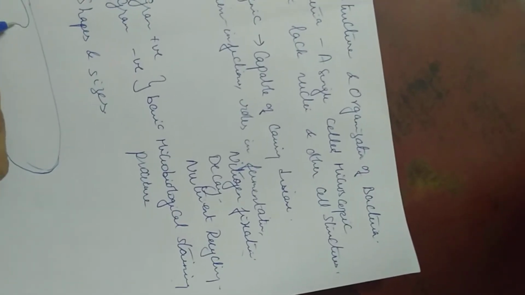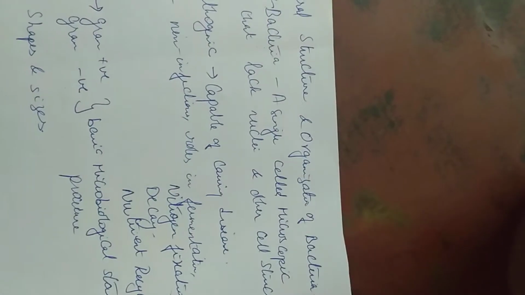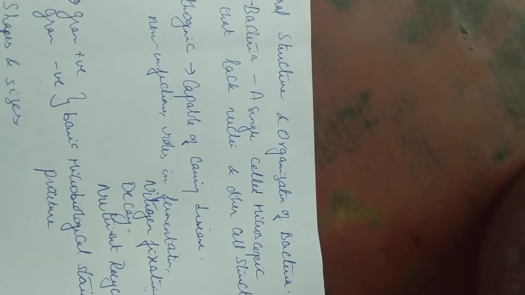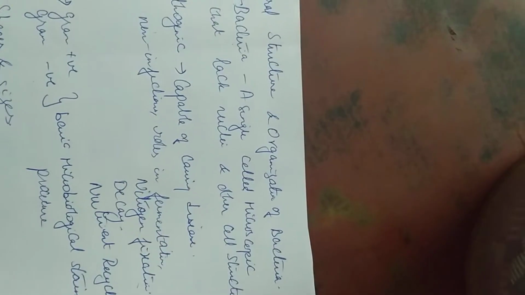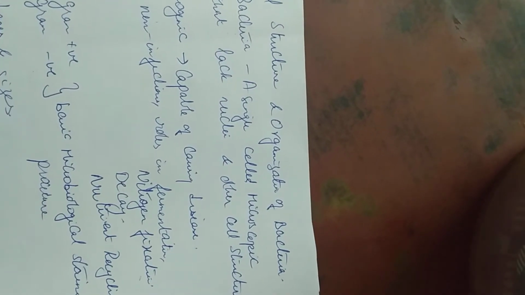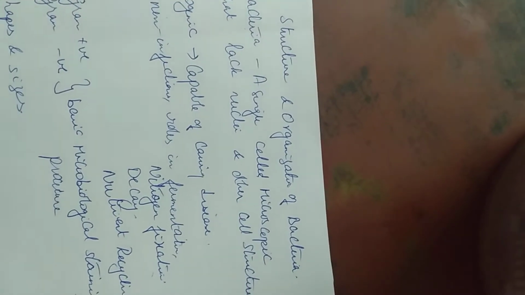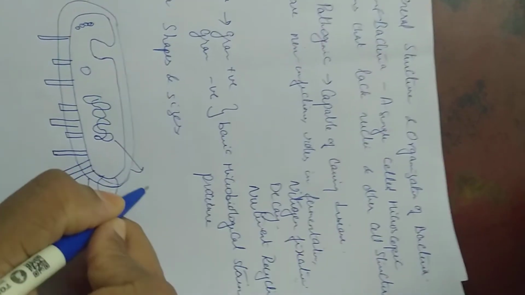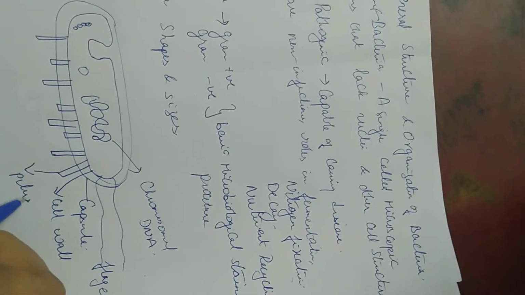So it has this outer one called the capsule, the inner one called the cell wall, and these are called flagella, and this is the chromosomal DNA, and this is called the pilus.